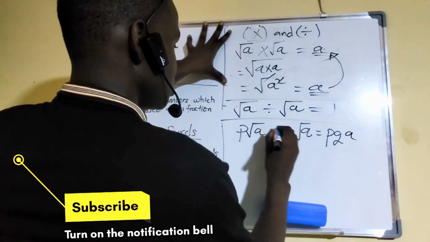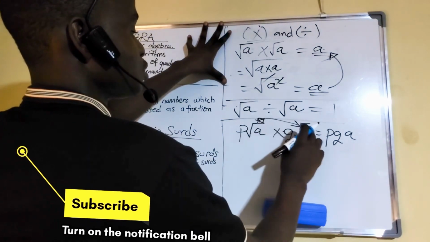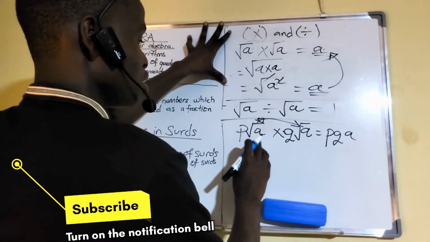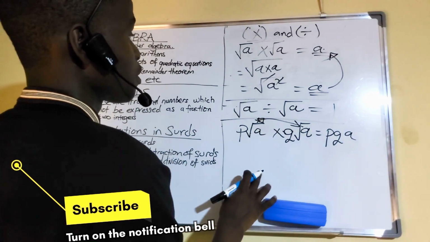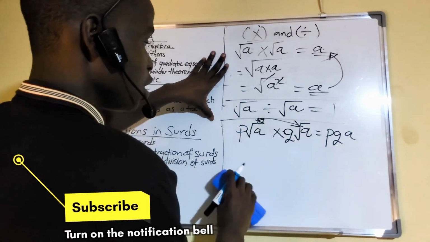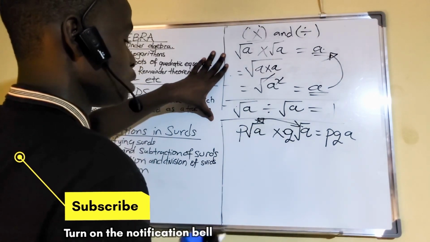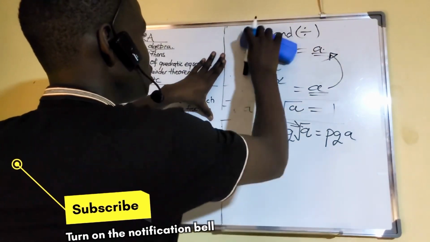Remember this times this, these two give us a. Now when we multiply all this, it gives us pq a. Now these are the basic rules. Now maybe we can talk about simplifying surds using all this that we've talked about.